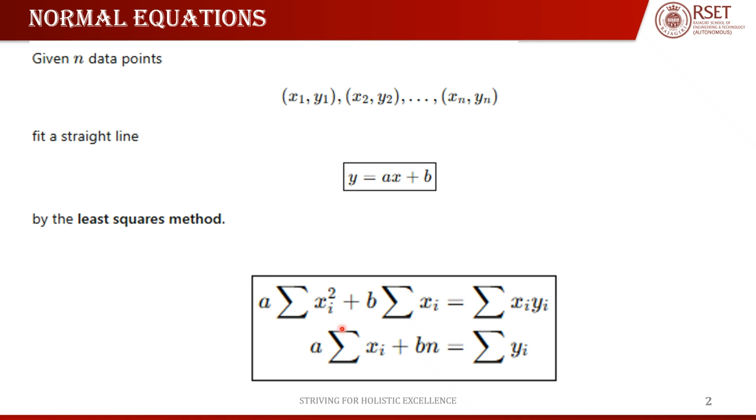And you will get the next equation by multiplying throughout by xi, so that will be summation xi yi = a into summation xi square + b into summation xi.